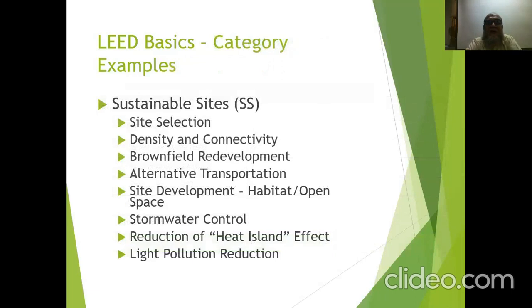For example, sustainable sites means site selection, density and connectivity, brownfield redevelopment, alternative transportation, habitat open space, stormwater control, reduction of heat island effect, and light pollution reduction.